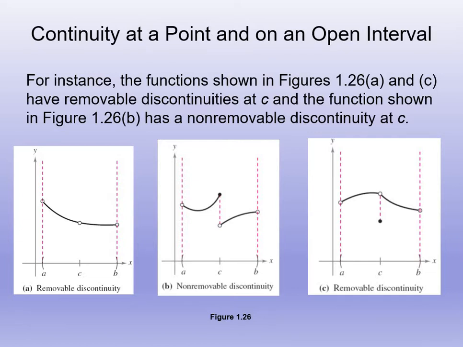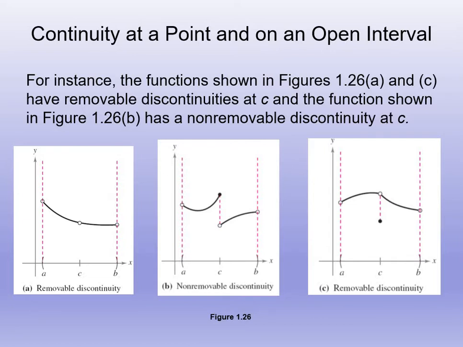Look at B. Remember, that's our jump discontinuity. There is nothing I can define for c that will make it continuous because the left-hand limit and the right-hand limit have such a gap between them that no matter what I define it as, all right, the limit will never equal the value there. So that's called non-removable discontinuity.